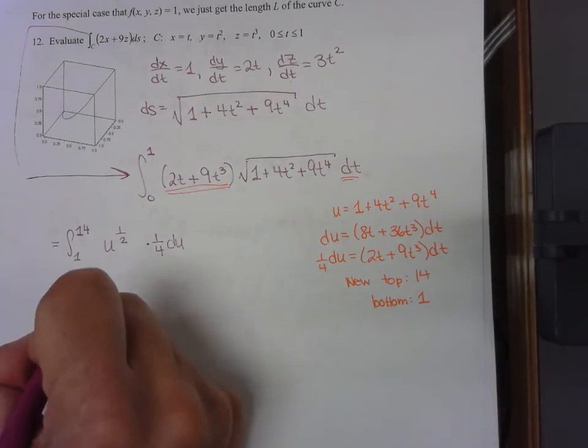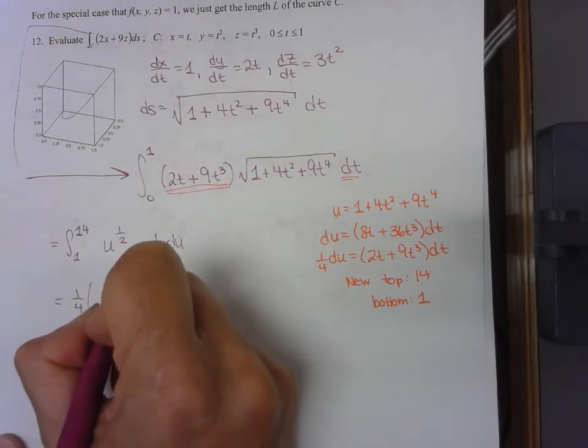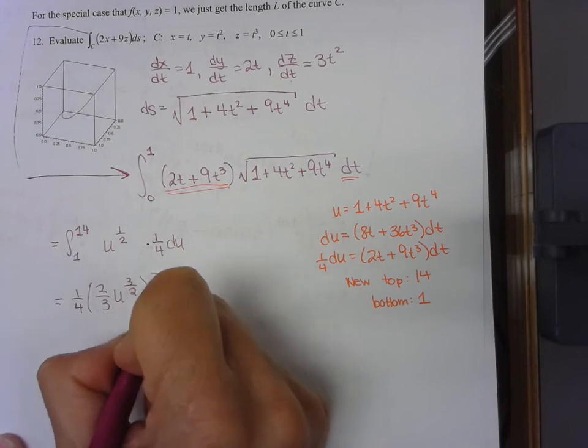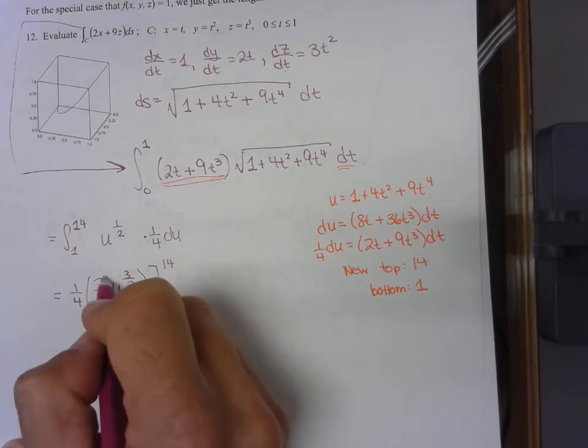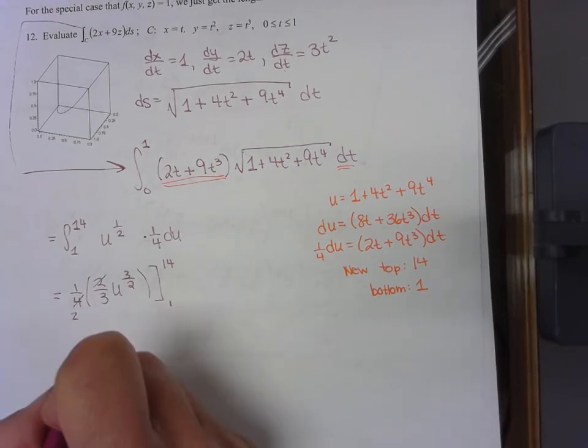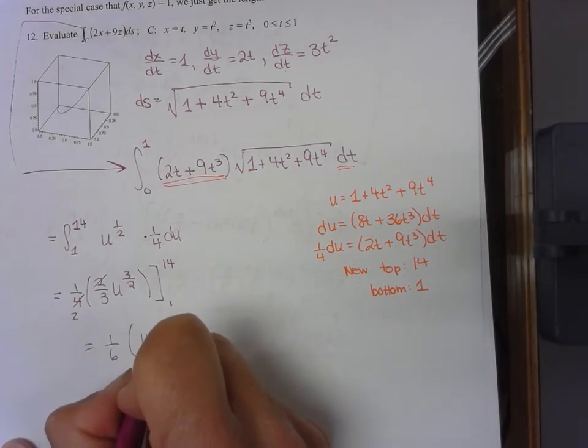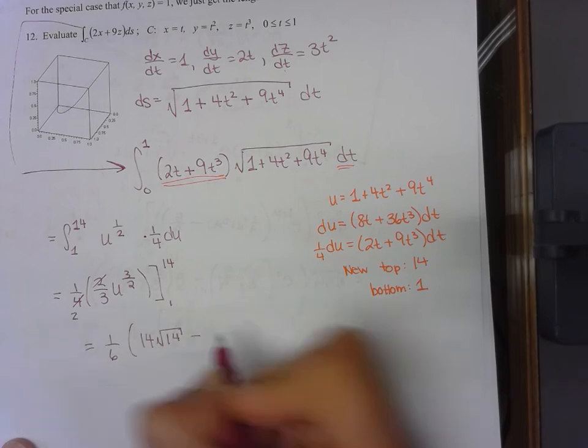So bring the 1/4 out in front. The new power is 3/2, so 2/3 goes in front. I'm going from 1 to 14. 2 goes into 4 2 times. So I get 1/6, and then 14 root 14 minus 1 root 1.